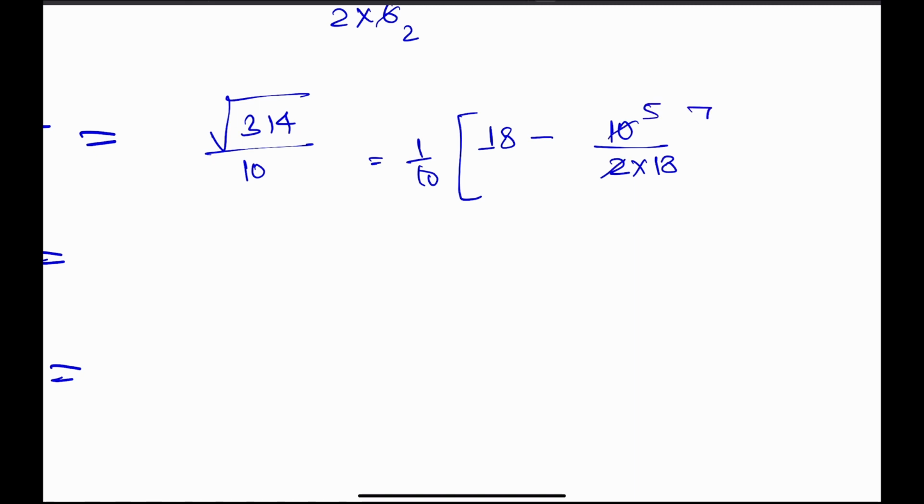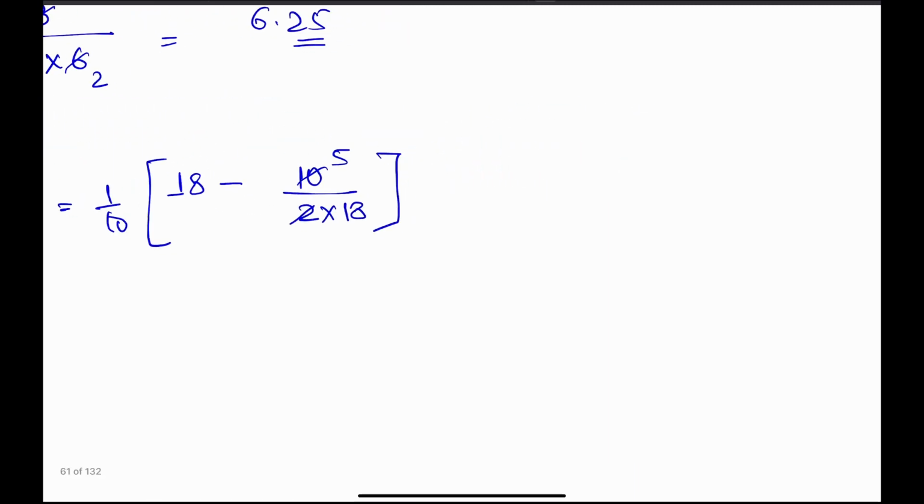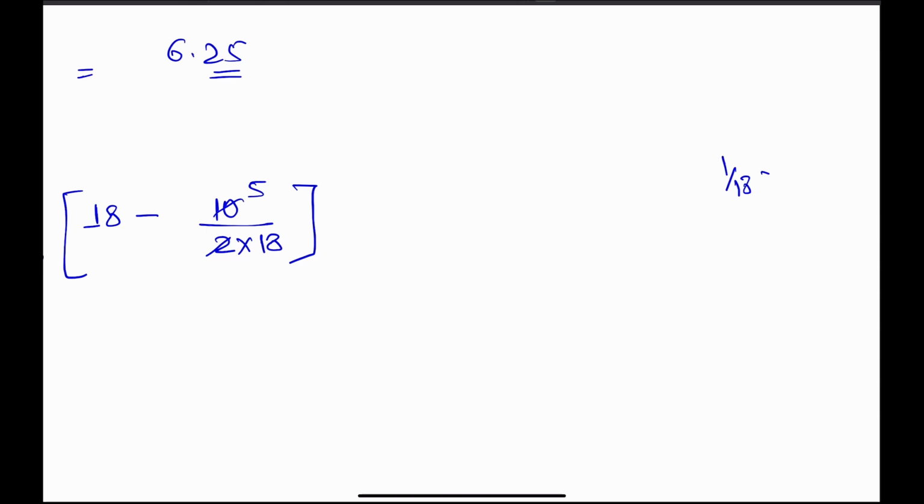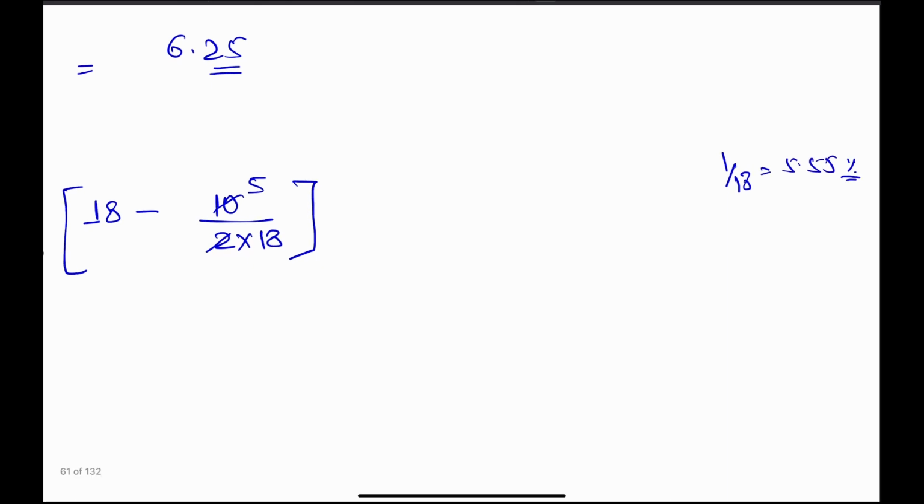So 5 by 18, but then I forgot the value of 1 by 18. So 1 divided by 18, it used to be 555. 1 by 18 is 5.55%. This is what I need to remember. So in value terms 0.0555.